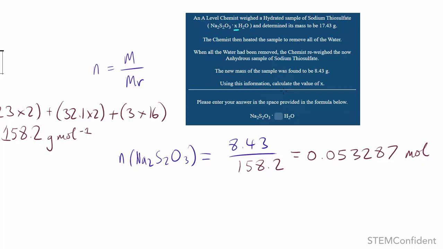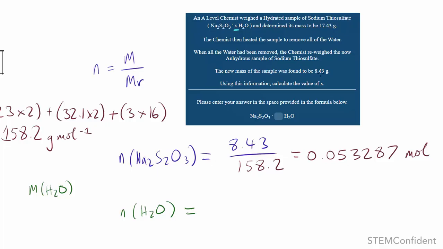So the number of moles of the H2O is going to be the mass divided by the molar mass, right? So if we concern ourselves with the mass of H2O, this mass here is the mass of both the Na₂S₂O₃ and the H2O aspect.